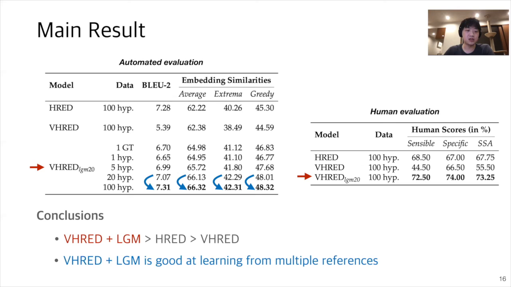We can also notice that when we increase the number of generated responses from 20 to 100 in our training data, we can still see a significant improvement in all of the metrics. So we conclude that the new model is also good at learning from multiple references.